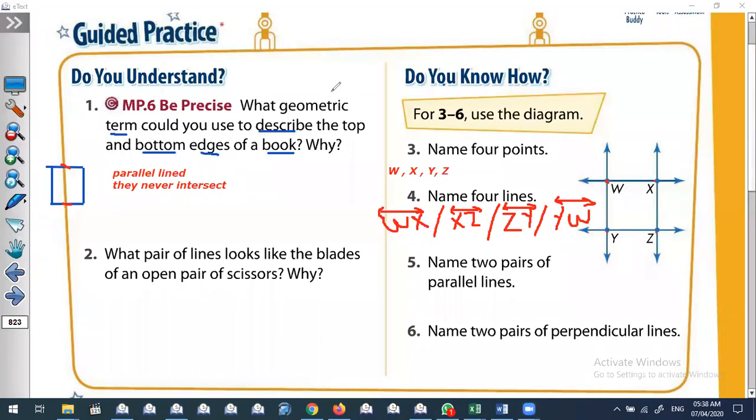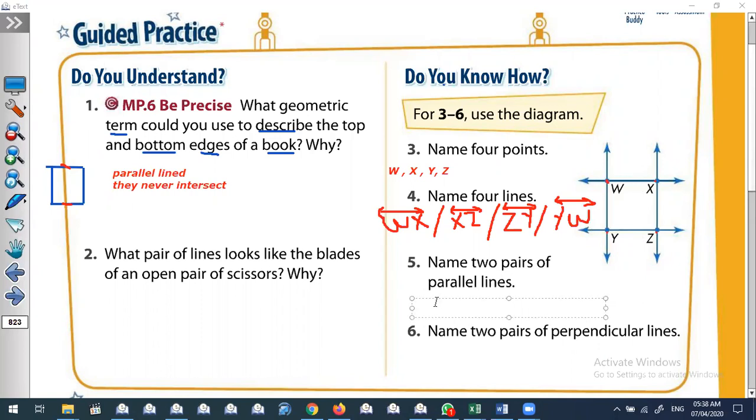Name 2 pairs of parallel lines. Parallel lines never intersect. Like line WX and YZ. They are opposite and never intersect.